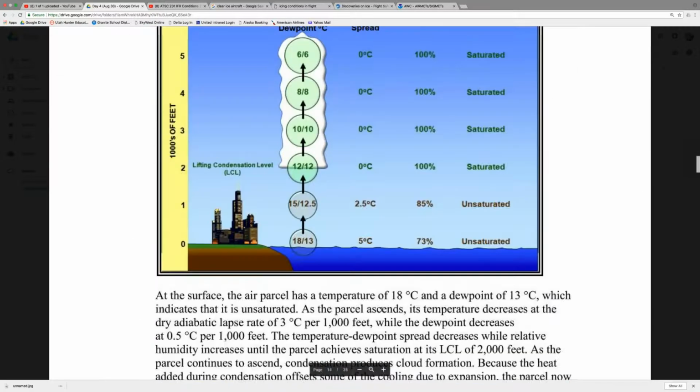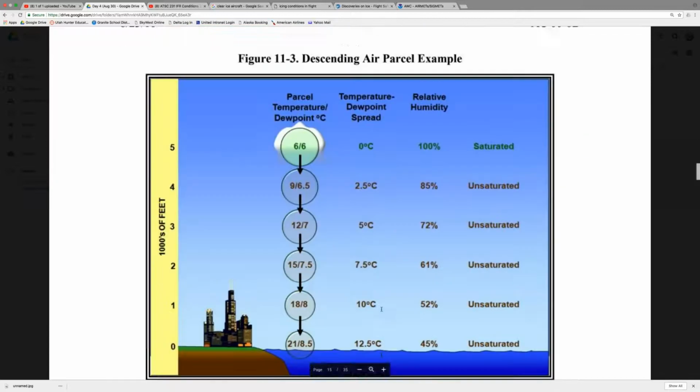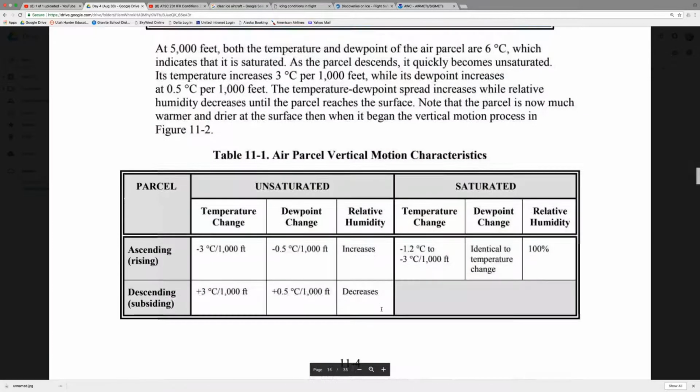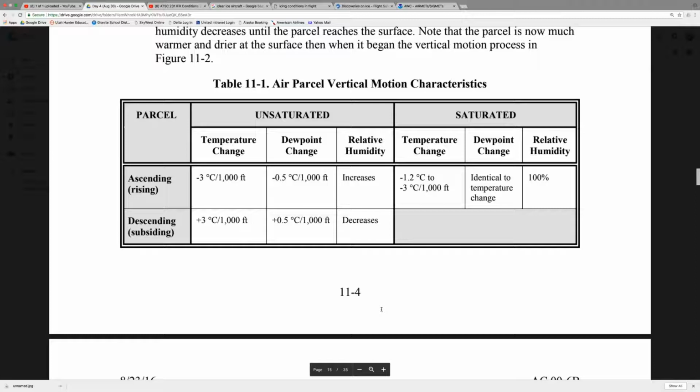The important part of this next section is that you remember 2 degrees C per 1,000 feet. Memorize it, because that's how we figure out what we call ISA, what we use in performance charts for flight planning.